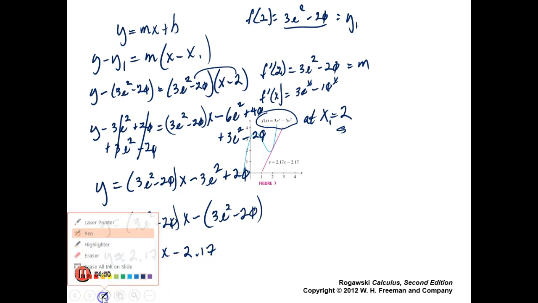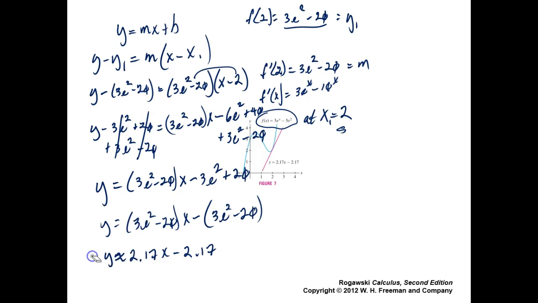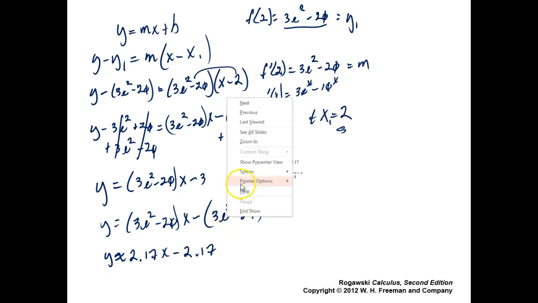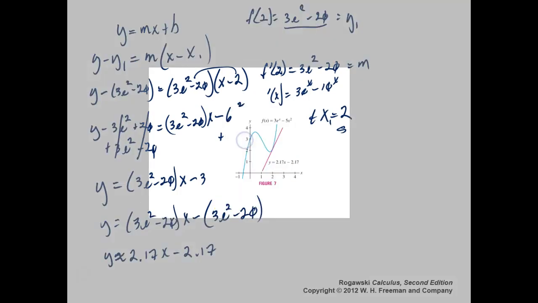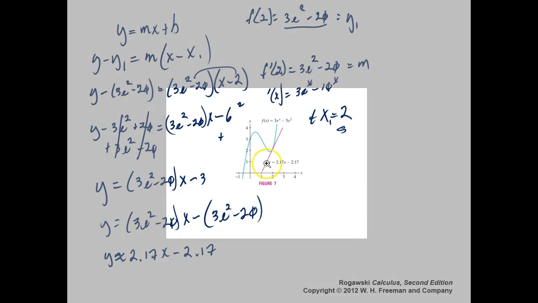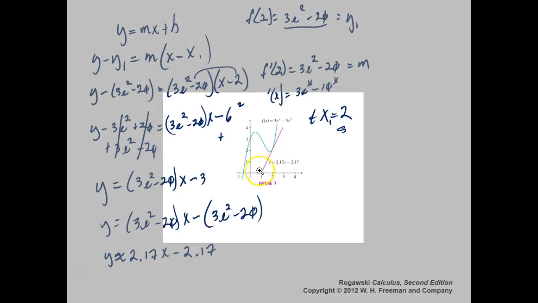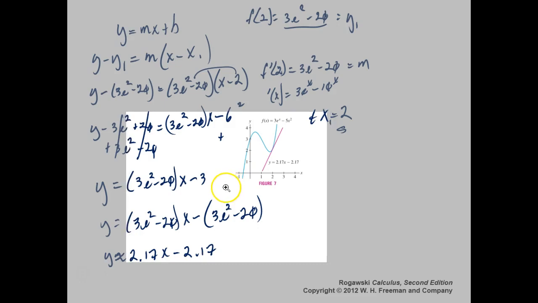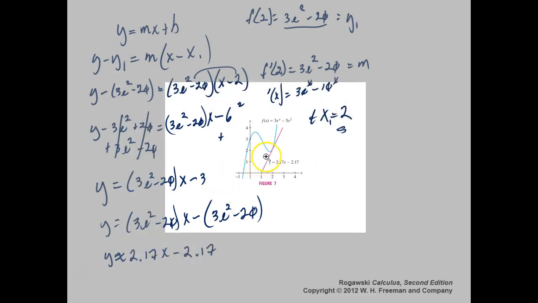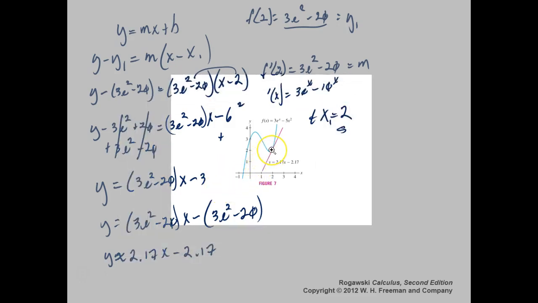What I'm going to do is erase parts of this, okay? The reason I'm erasing is so we can see the graph. I wish I had written that so it would get included here. Oh, they got it there, don't they? Okay, so I don't have to do that.